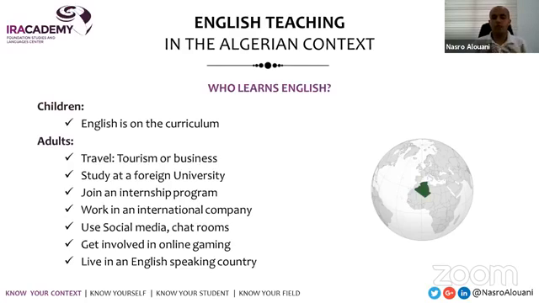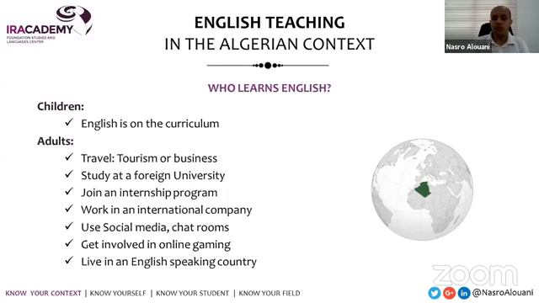Even if you got accepted without English, when you get there, you have to pass a certain exam to qualify for the university. We have joining an internship program, which means a short period program as an exchange, working in an international company, whether in Algeria or abroad, especially in Algeria, especially in the oil field.